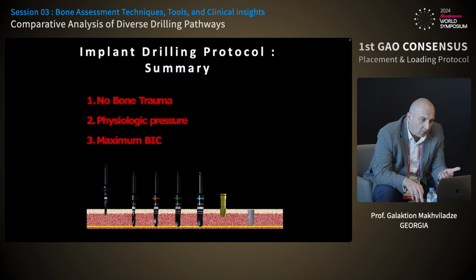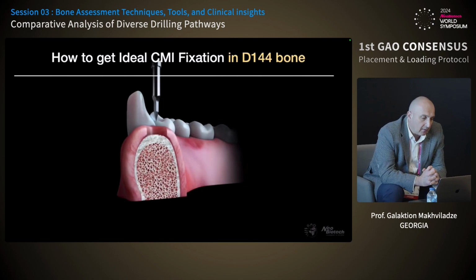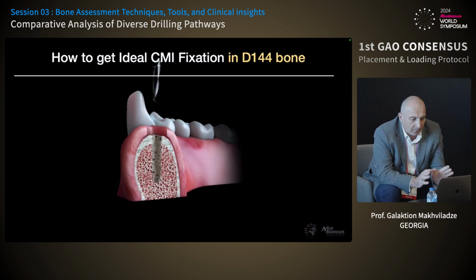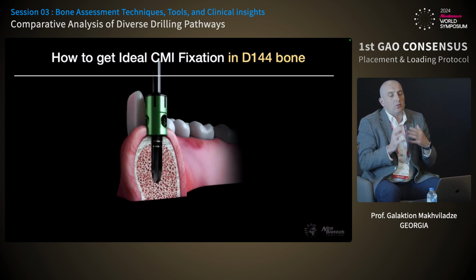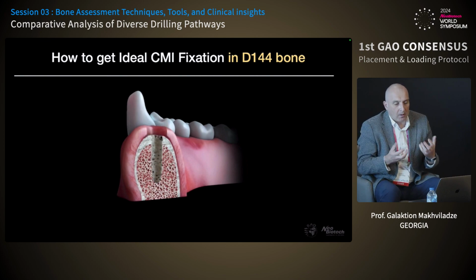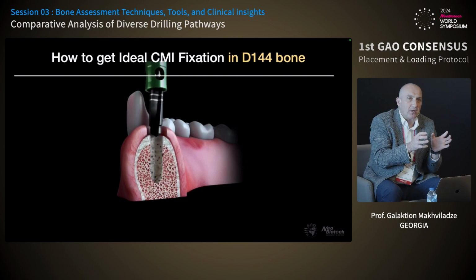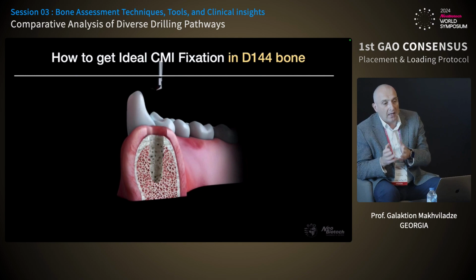Now let's see how to get, for example, ideal fixation in the case of D1-D4 bone. We need to make the cortical tap, then full-size drilling, and in this situation we need to achieve two types of insertion: the active insertion in the soft part of the bone and the passive placement in the hard part of the bone.